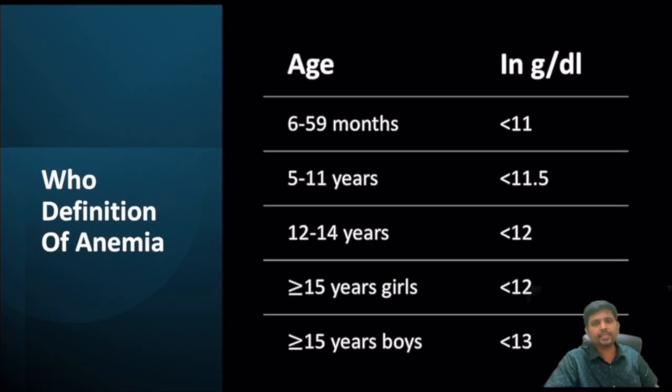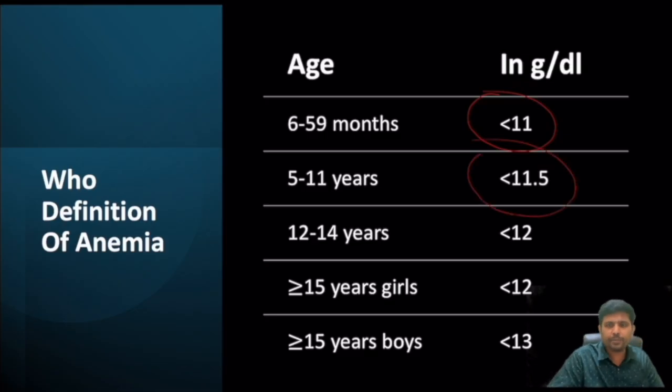Anemia is basically classified as a hemoglobin of less than a value based on age. Between 6 months to 5 years, a hemoglobin of less than 11 grams per deciliter. Between 5 to 11 years, 11.5 grams per deciliter. 12 to 14 years, less than 12 grams. Girls less than 12 grams.